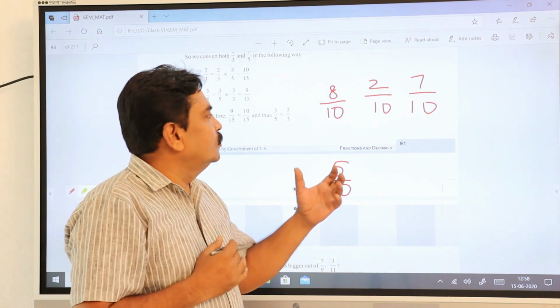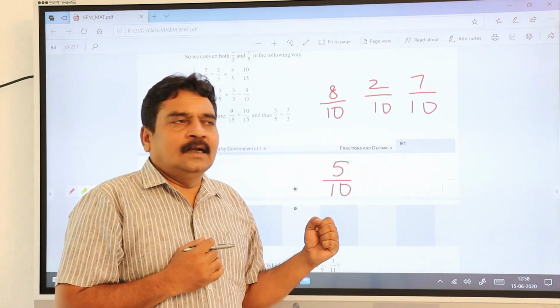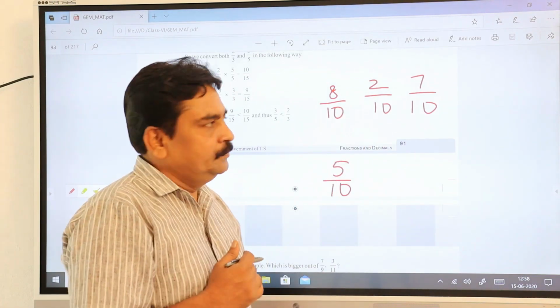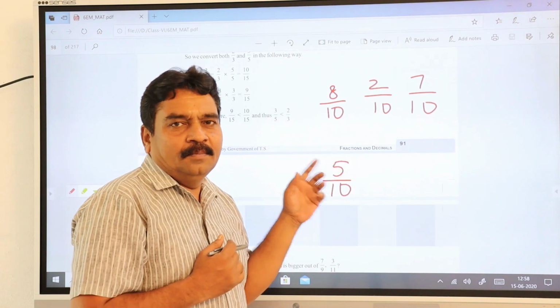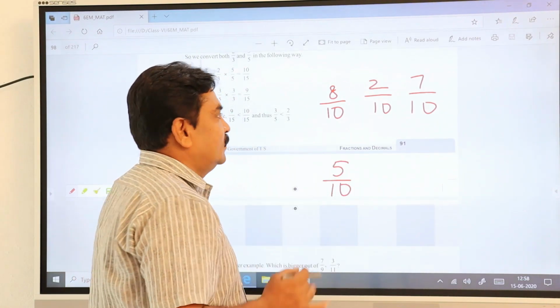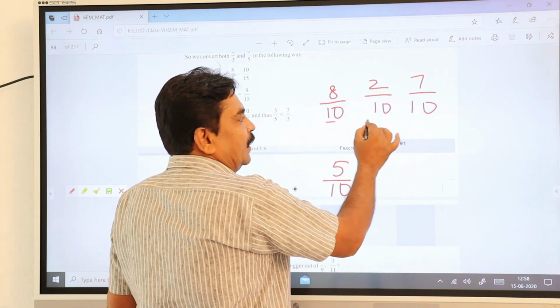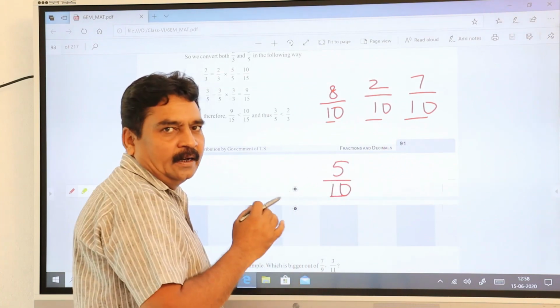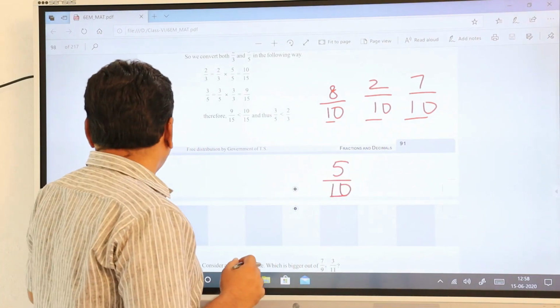How are you going to know who got more and who got less? It is very easy, because they are all like fractions. That is by 10, by 10, by 10 and by 10. If you write this down in an order, you can easily come to know.